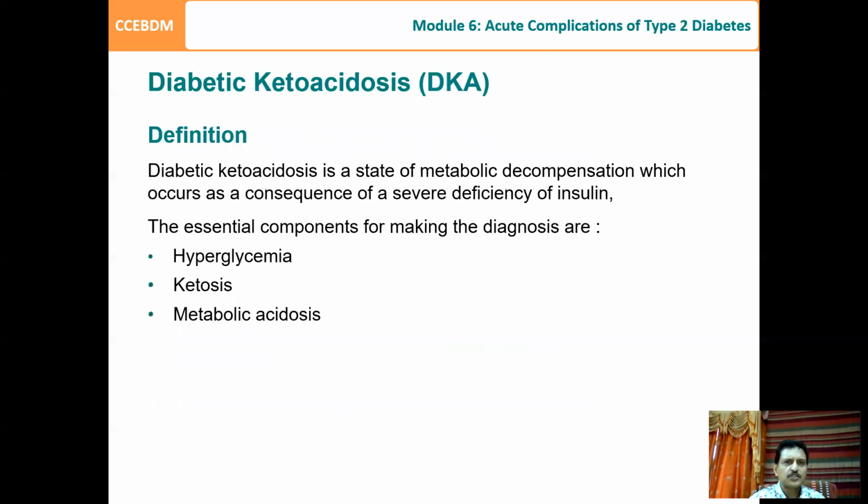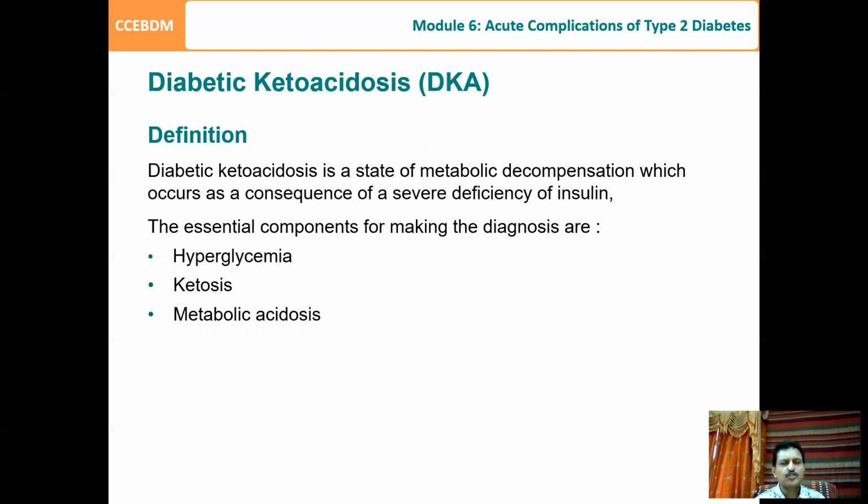So with this, I'll go through a little bit of understanding about diabetic ketoacidosis. It is a state of metabolic decompensation which occurs as a consequence of severe deficiency of insulin. There are three important diagnostic points and they lie in the name of the diagnosis: diabetic ketoacidosis. So the person must have diabetes, hyperglycemia.